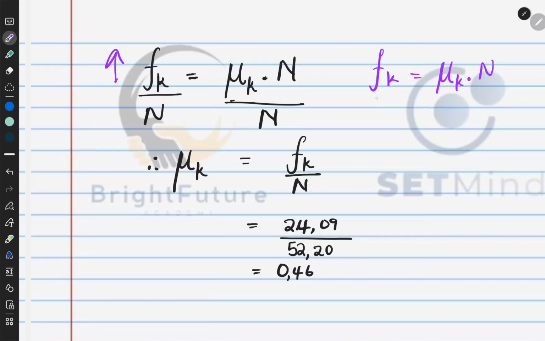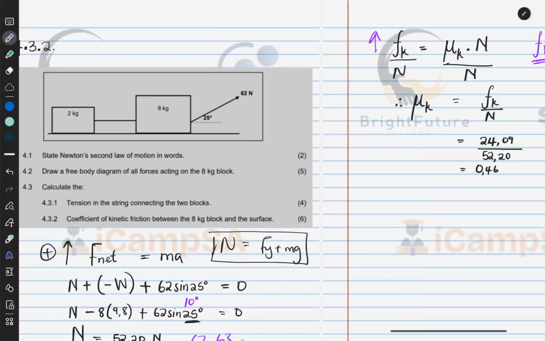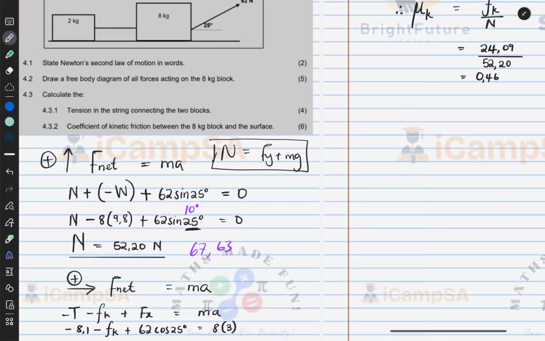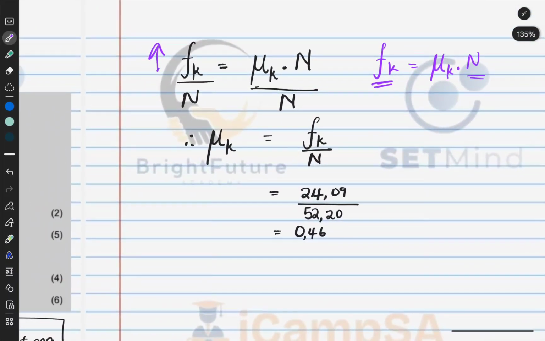The kinetic friction is directly proportional to the normal force. So if I decrease the angle, the normal force will increase, and therefore the kinetic friction will increase, because kinetic friction is directly proportional to normal force.